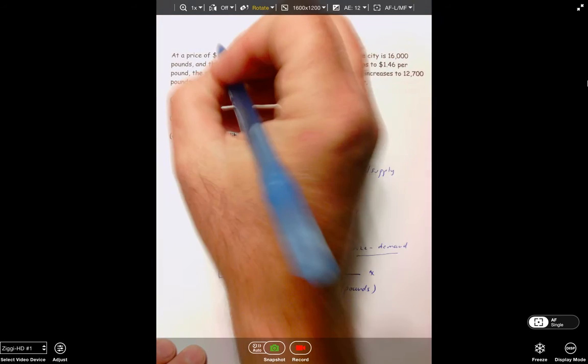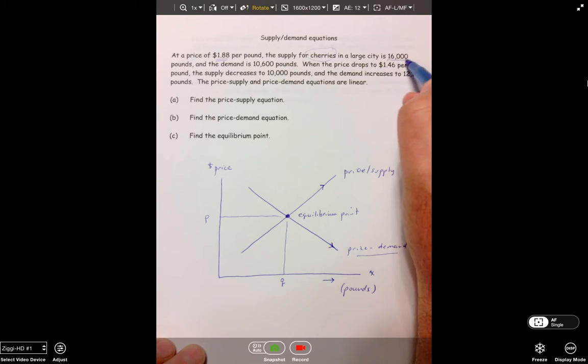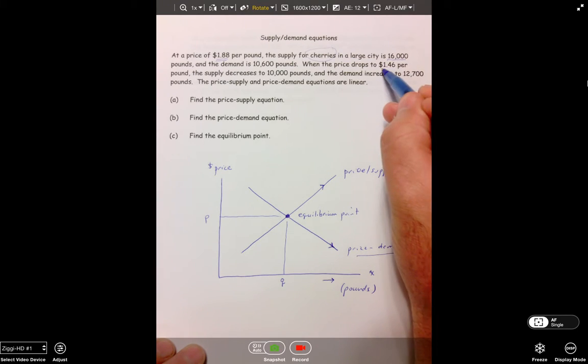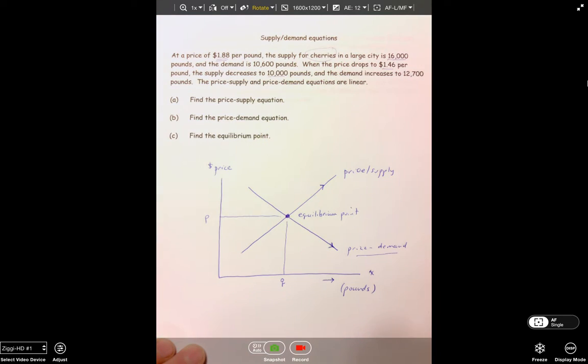So again, let's think about this intuitively. At $1.88, you can see that you have a supply of 16,000 pounds. But when the price drops to $1.46, notice that the supply decreases to 10,000. And that relationship between price dropping and the supply decreasing should make a lot of sense.